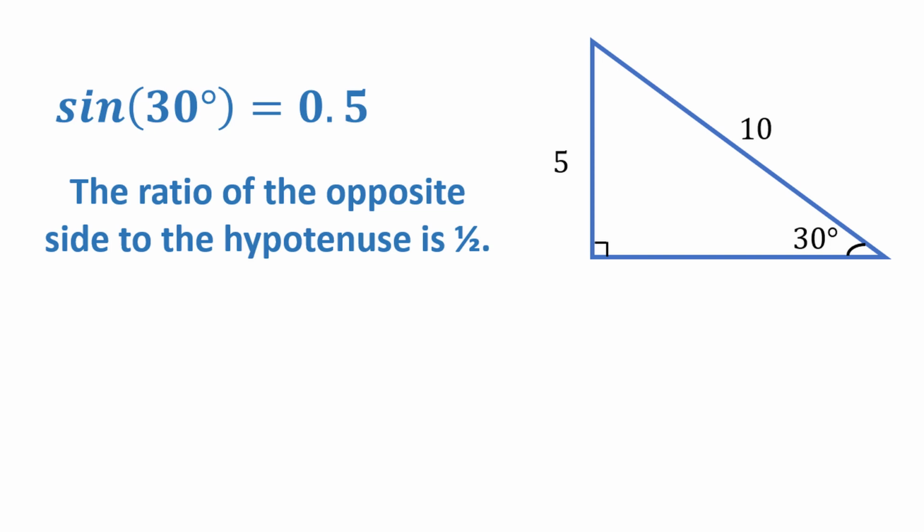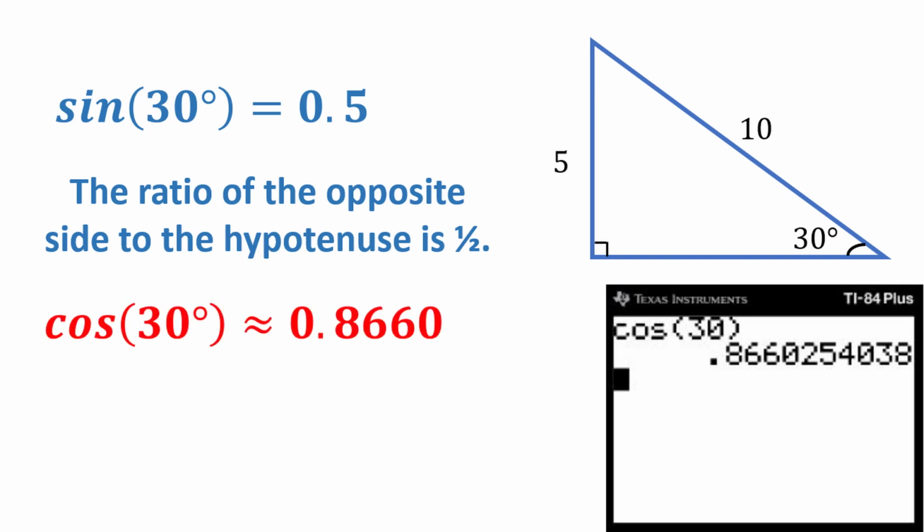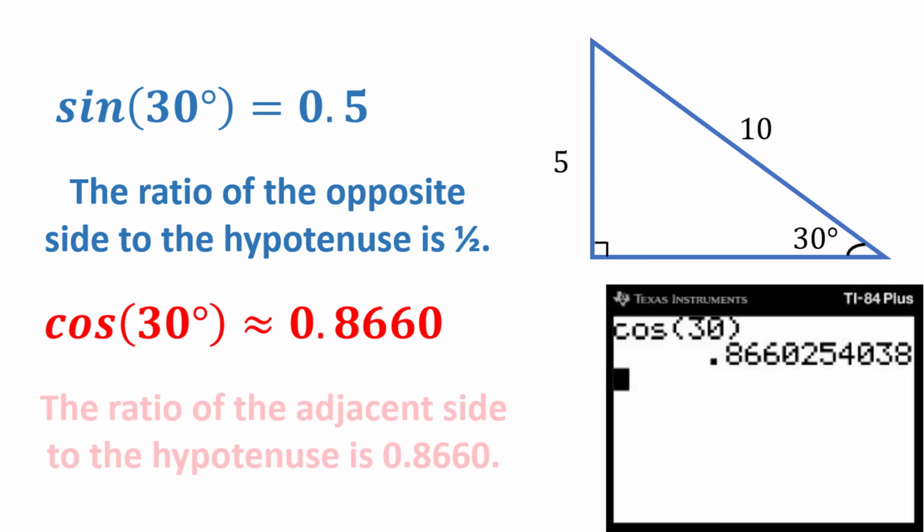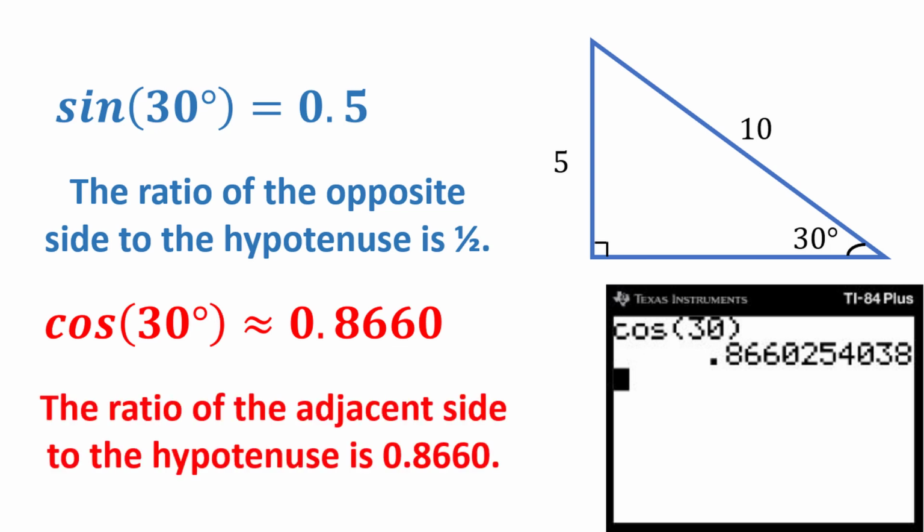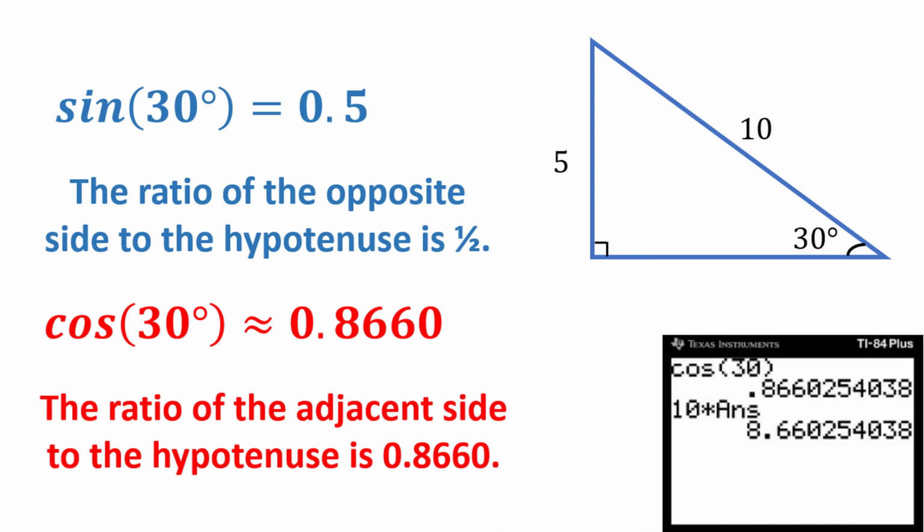How about cosine? Well, if we type in cosine of 30 into our calculator, we'll get about 0.8660. Cosine is adjacent over hypotenuse, so this means that the ratio of the adjacent side to the hypotenuse is about 0.866. If I stick with the picture that I already have here, I can take my hypotenuse of 10 and multiply it by 0.866 to find the adjacent side of 8.66.